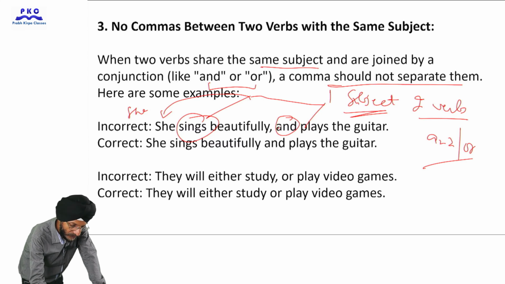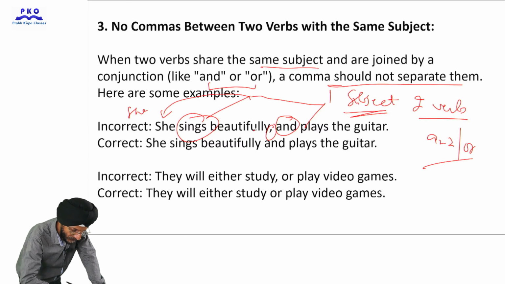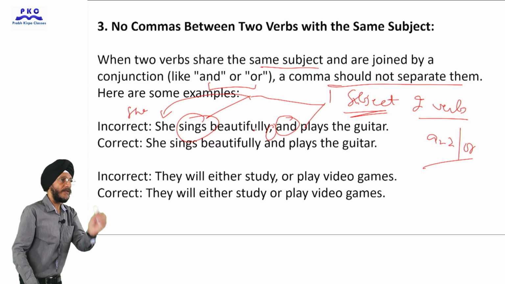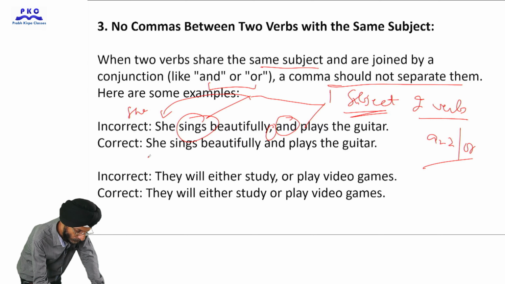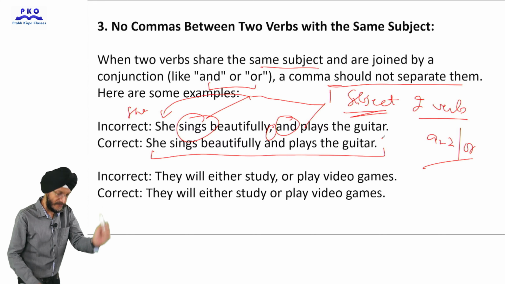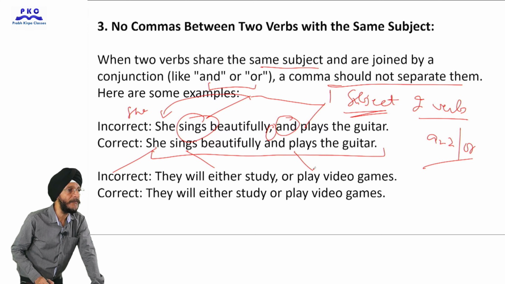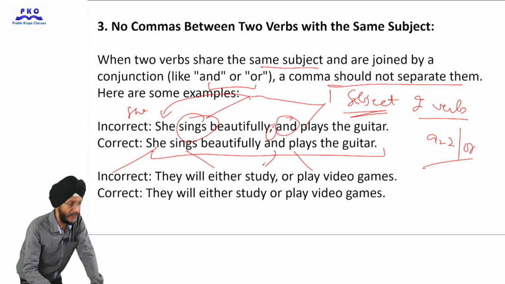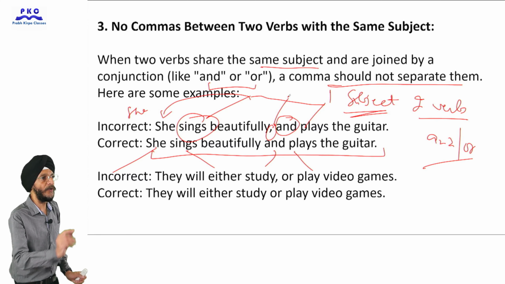So, there should not be a comma in between. Here you see, before and there is a comma. It should not be there. It is unnecessary. So the correct is she sings beautifully and plays the guitar. She is the subject, sings is the verb, plays is the verb, conjunction is and. There is no need of an unnecessary comma in between.